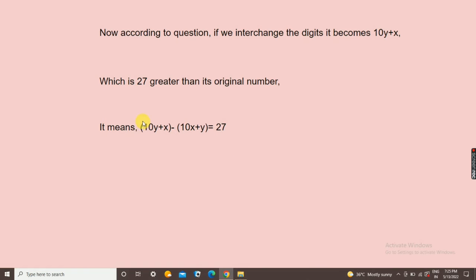Okay. Now, we would solve this. We got 10y plus x minus 10x minus y is equal to 27.